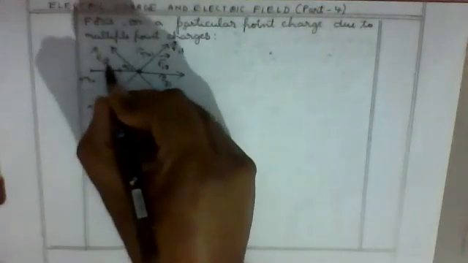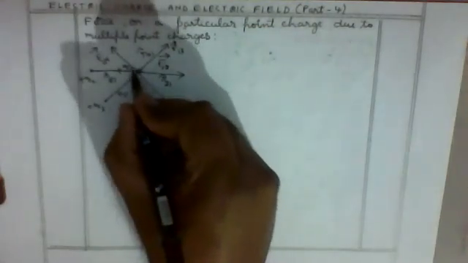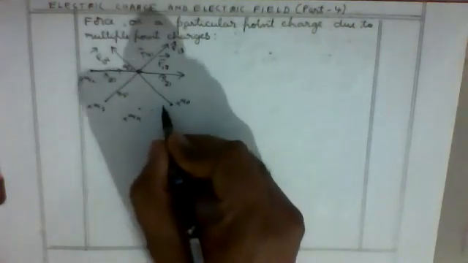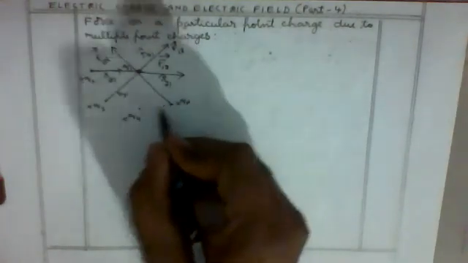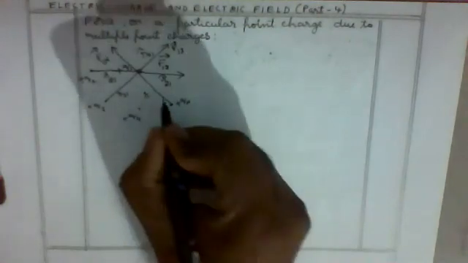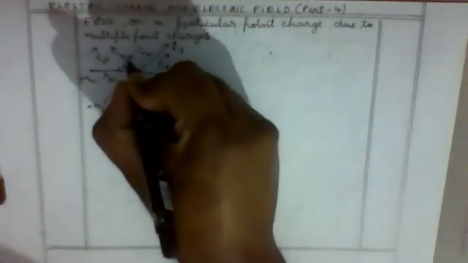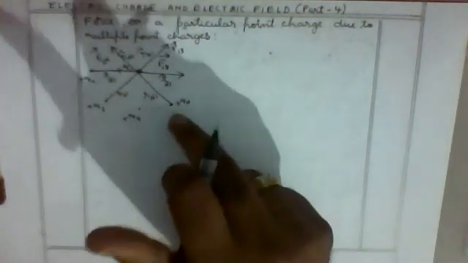F1n vector means force acting on plus Q1 due to plus Qn. The distance from Q1 to Qn is Rn1. The direction is Rn1 cap. It is directed from Qn to Q1.